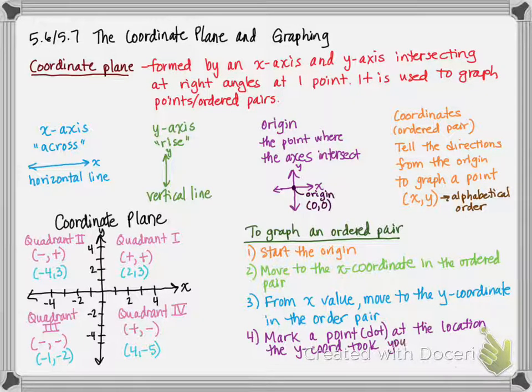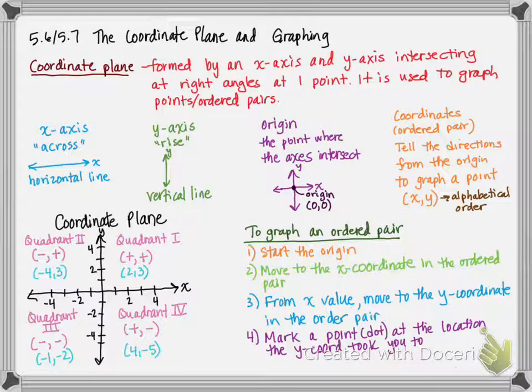Now remember, you're not starting at the origin with a y. You already moved over to the x coordinate, and you're just going to move up or down depending on the sign of the y coordinate. So mark a point, dot, at the location the y coordinate took you to.